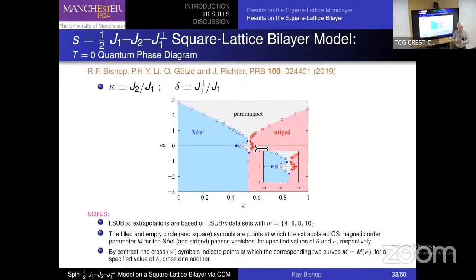That's no surprise, because when delta becomes large and negative, going in this direction, that's where the two spin half monolayers merge to become a spin 1 bilayer. And as I told you, the spin 1 monolayer only has a single phase transition between striped and Néel. It's not exactly at a half, but it's close.